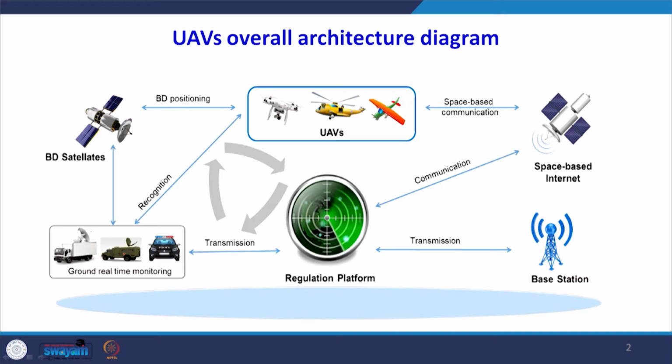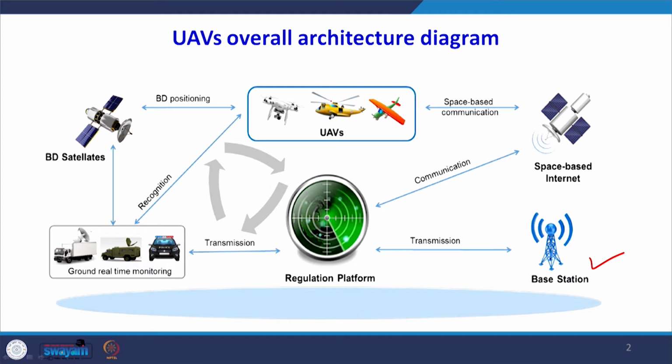If we look at the overall architecture diagram, there is a UAV system and this UAV system requires certain peripherals. Communication is there with the help of the base station. At the base station, or the control station, we are controlling the movement of the UAV.